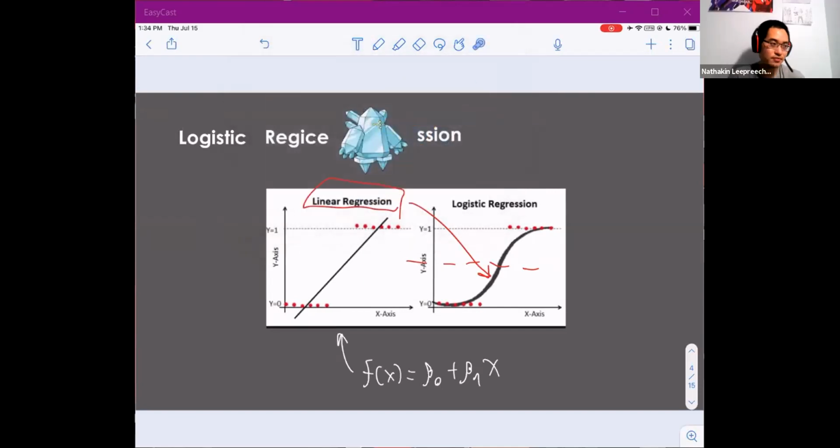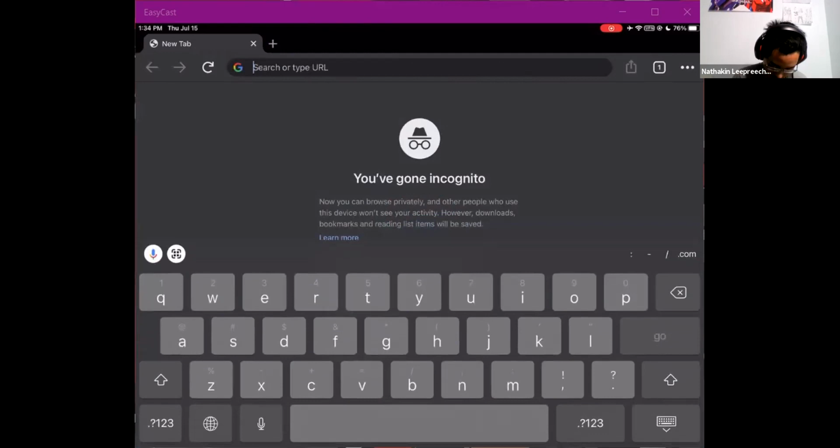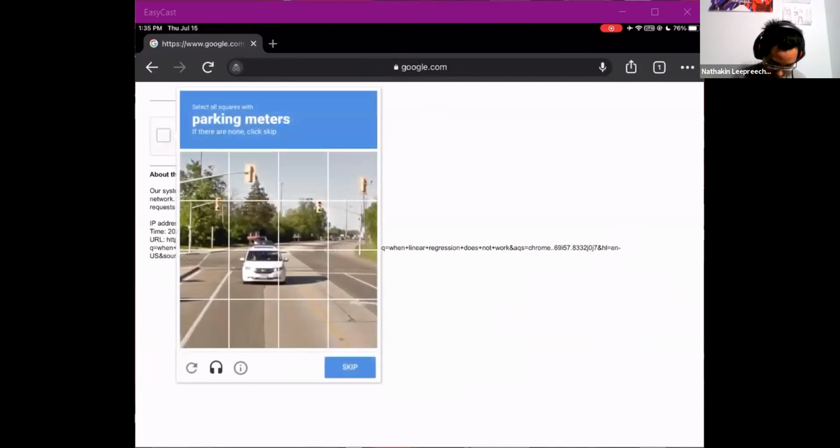Let's see if I can think of some example where linear regression doesn't work when you classify data. Can't think of it, just Google, I guess. When linear regression does not work.